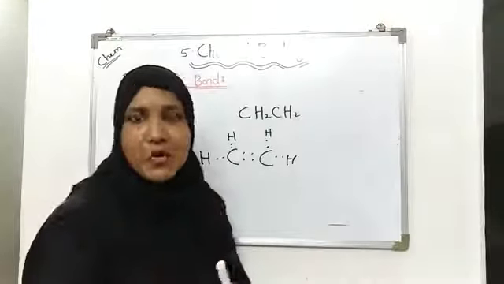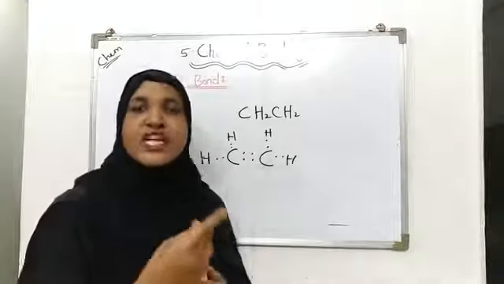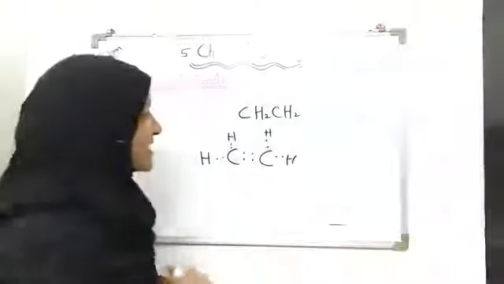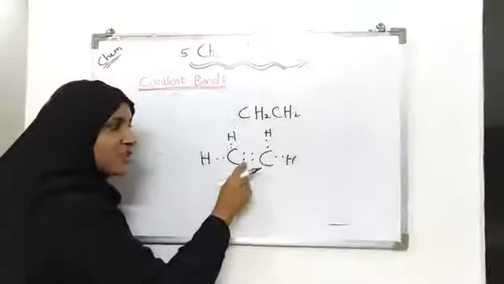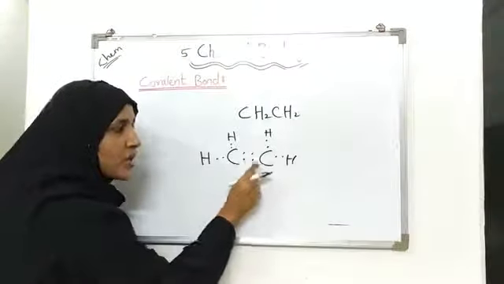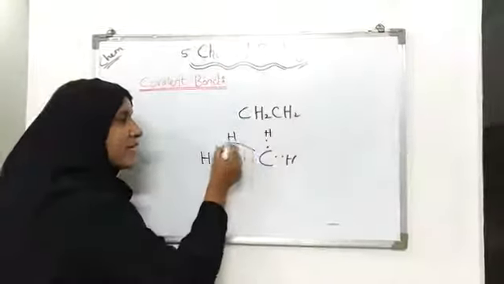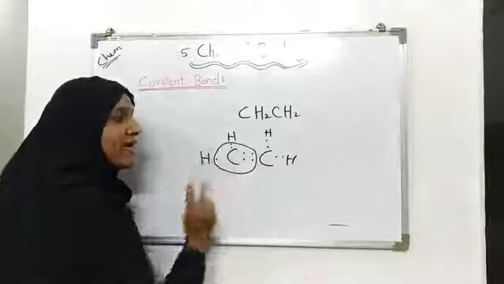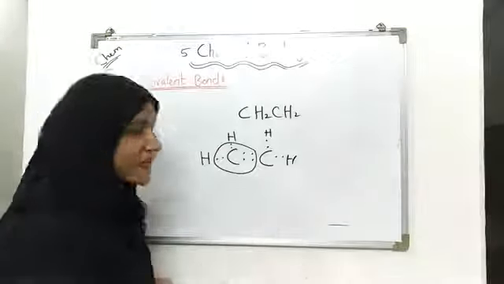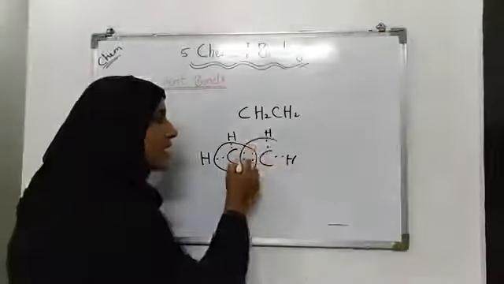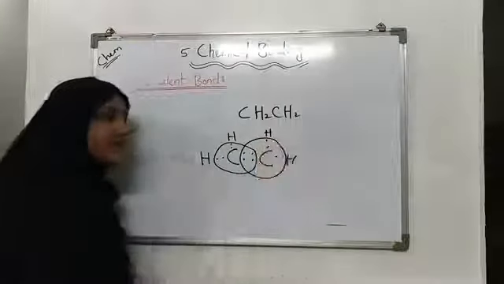They can form a double bond or triple bond, and they can share more than one pair of electrons with each other. Like in this example, this carbon is sharing 2 electrons with the 2 electrons of the other carbon. In this way, this carbon has 8 electrons, that is, the octet of this carbon is complete, and the octet of this carbon is complete like this.